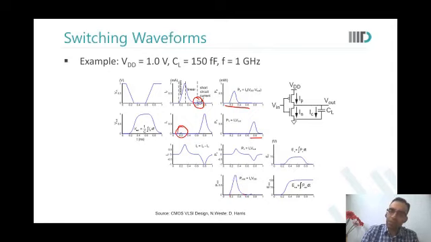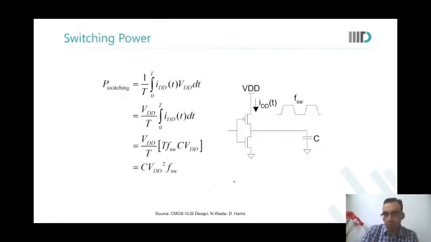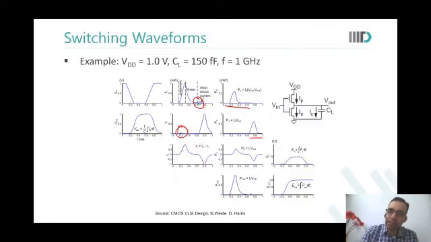Because power is consumed only during the rise cycle, the VDD energy also gets consumed during the rise cycle. And the energy stored in the capacitor first comes to half CV square, then falls to 0.